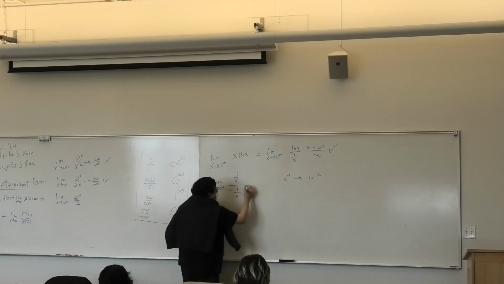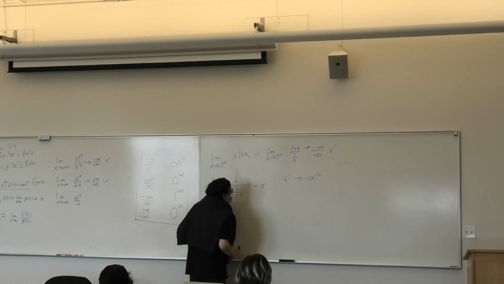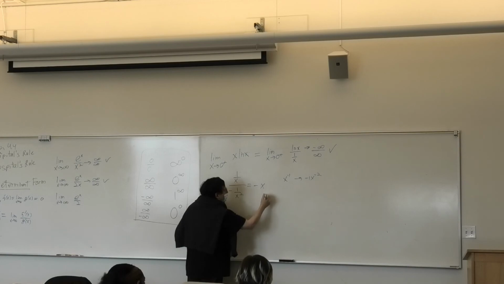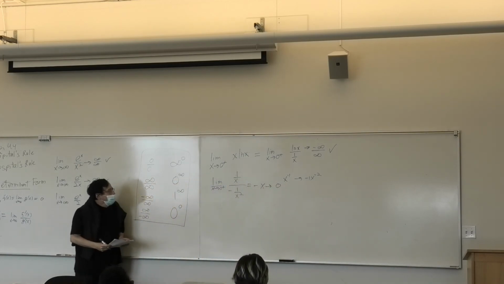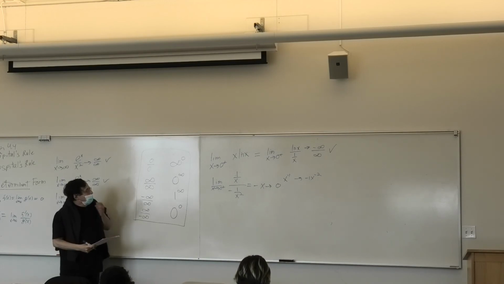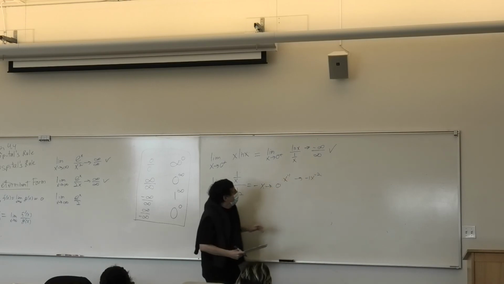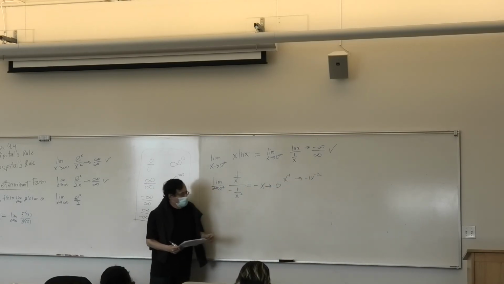Okay. What's this? This is negative x. As x goes to 0, negative x goes to 0. So once again, we have an indeterminate form, and L'Hôpital's rule allows us to evaluate it, and we can see it goes to 0.